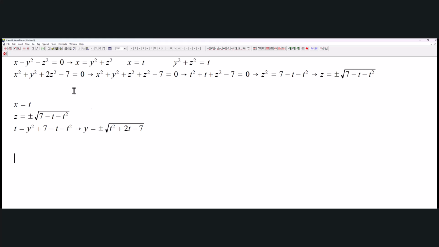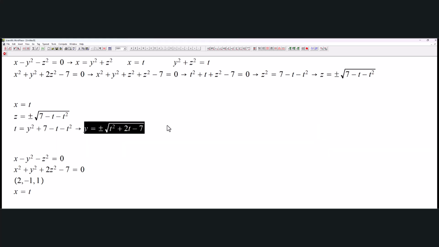So for example, say we have to find the equation of the tangent line to the curve of intersection, which will be given from these calculations, at this point 2, -1, 1, which you can verify is a common point between these two surfaces. So when we do that, we know our x equals t, that's no problem. Now when we are looking at our y coordinate, we see that we have y equals -1.